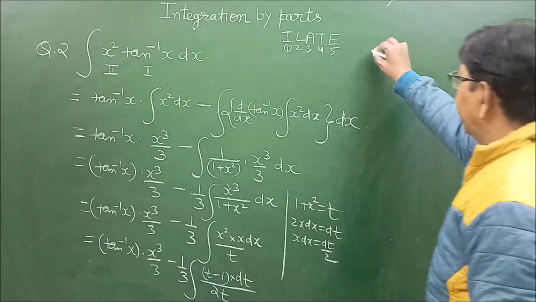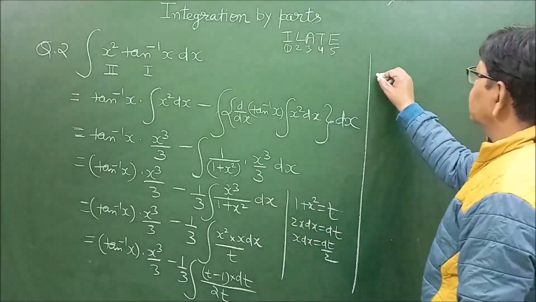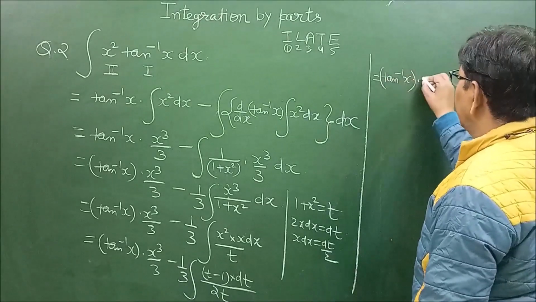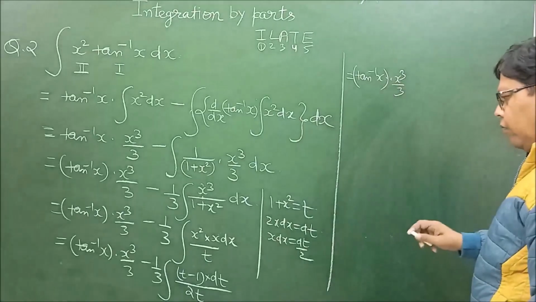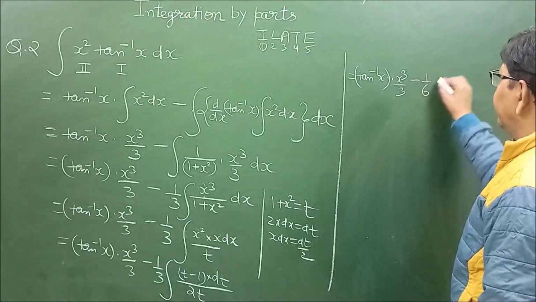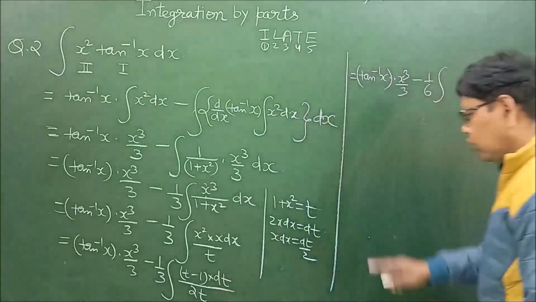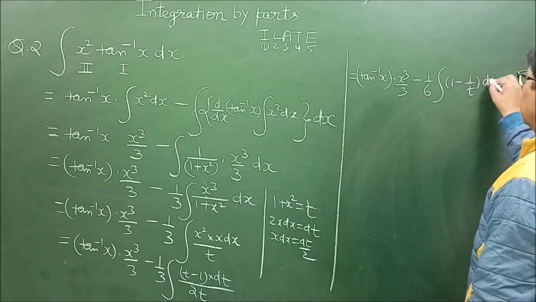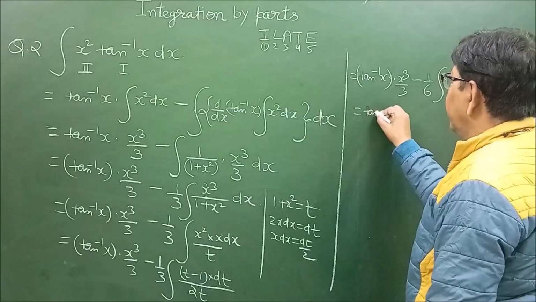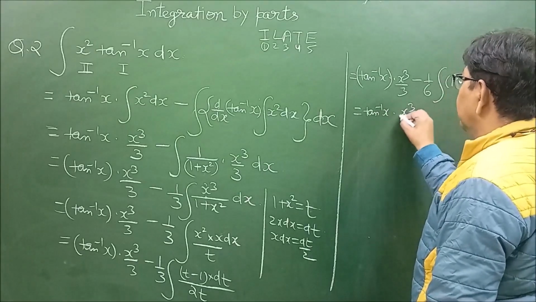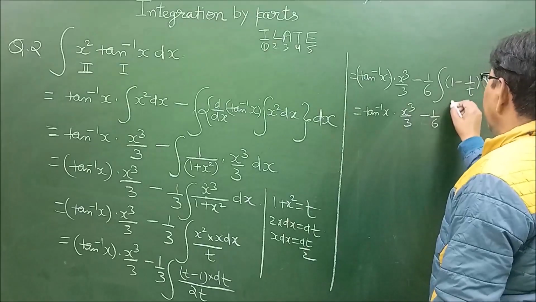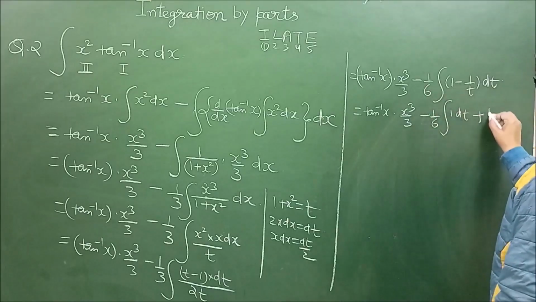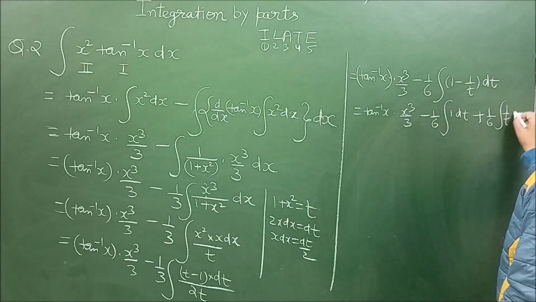This is equal to tan inverse x into x cube upon 3 minus 1 upon 6, and on dividing t minus 1 by t, so 1 minus 1 upon t dt, which is equal to tan inverse x into x cube upon 3 minus 1 upon 6 integral of 1 dt, and minus minus is plus here, 1 upon 6 integral of 1 upon t dt.